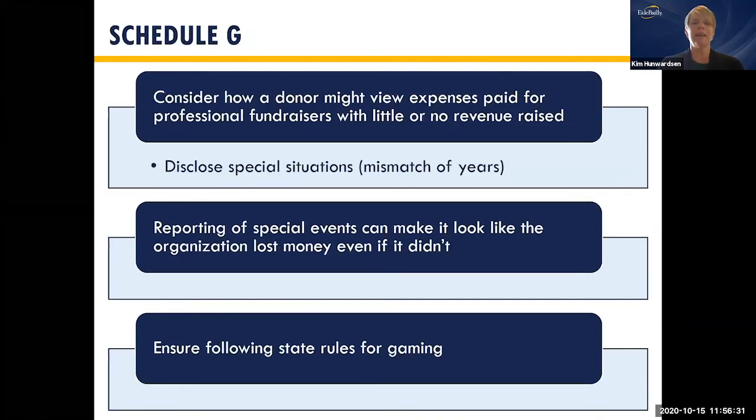Schedule G is the schedule of special events, fundraising, and gaming activities. This can be a very overwhelming schedule for people because of how the reporting gets done. But on the first page, you're reporting professional fundraisers. And it's really important when you look at this to think about what message is being sent.